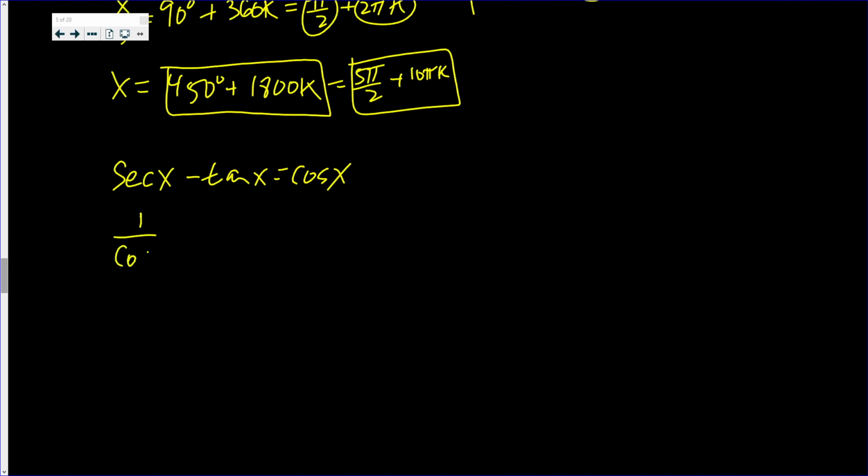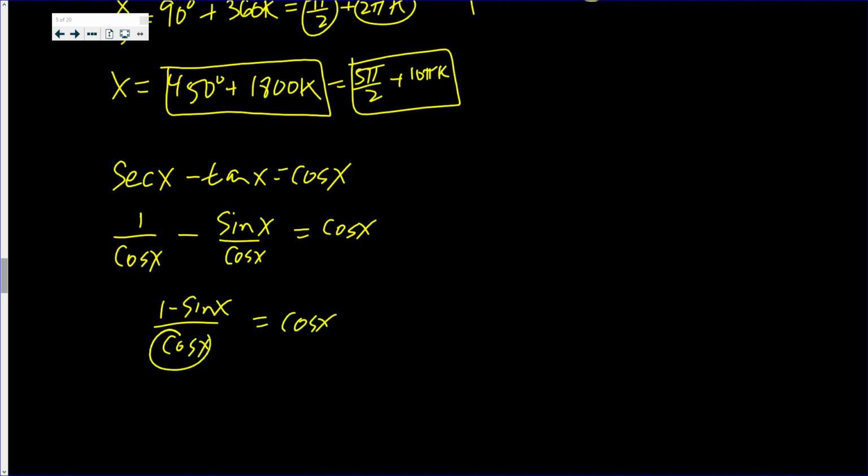Secant is 1 over cosine x, minus tangent x is sine x over cosine x, and the right side is cosine x. Common denominators are on the left, so it's 1 minus sine x over cosine x equals cosine x. Like always, this times this equals the numerator. That is 1 minus sine x is equal to cosine squared x.